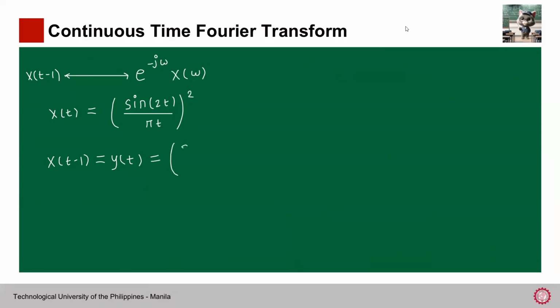So, we have sine of 2t minus 1, all over pi times t minus 1, whole square.